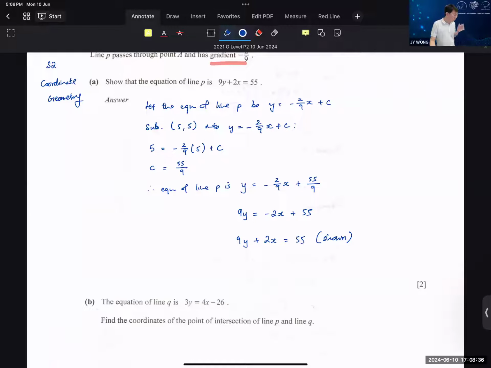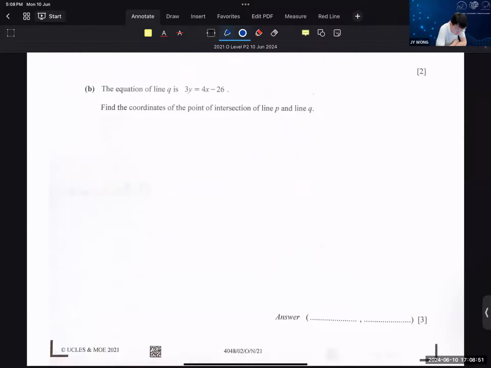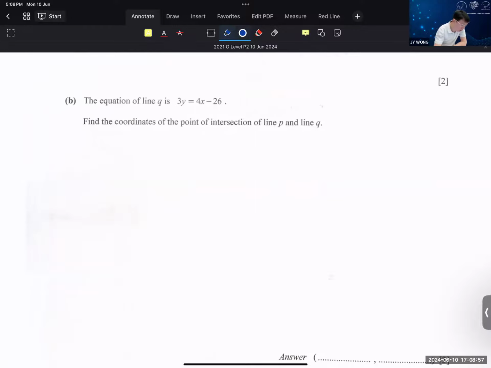Okay. Next. Line Q has the equation 3y equals 4x minus 26. Find the coordinates of the point of intersection. So this is coordinate geometry, but this is also your simultaneous equation.